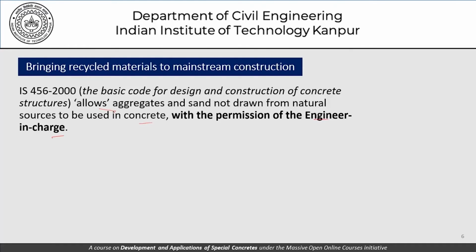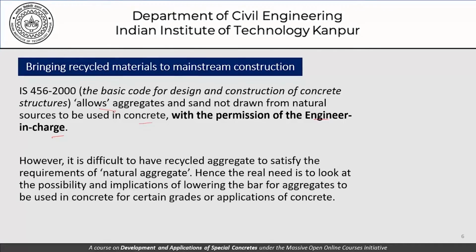So what we really need is a sensitization of engineers in charge, the clients, and the professionals to permit or encourage or accept the use of material made from C&D waste, which is basically going to come under this category, that sand and aggregate not drawn from natural sources, to be used in construction of concrete.